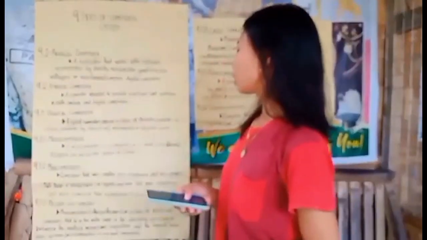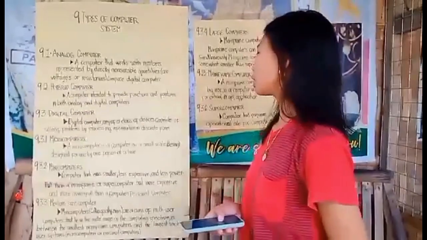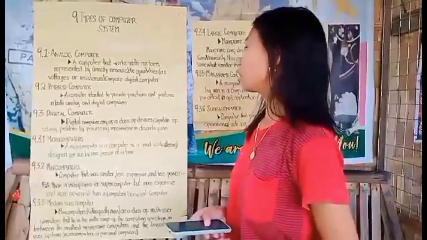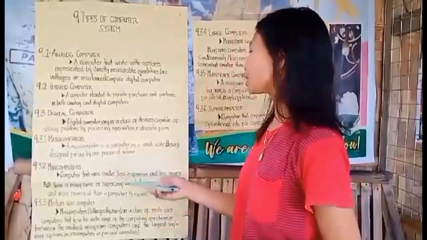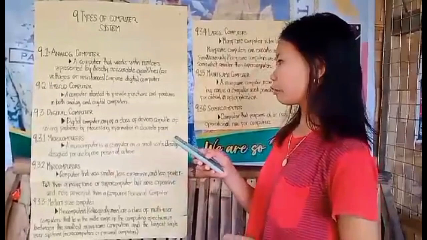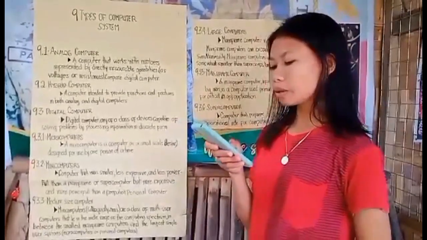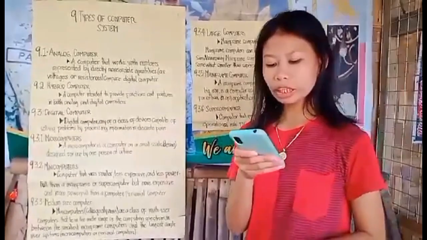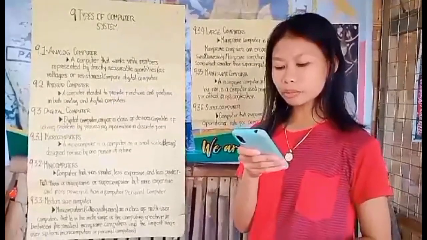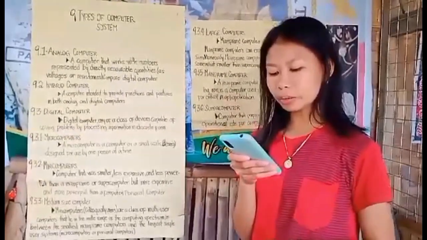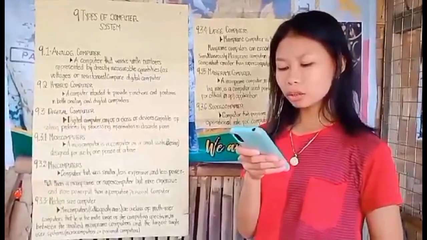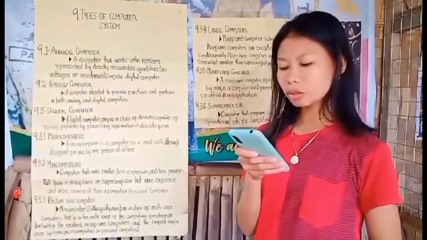Third, digital computer. Digital computer, any of a class of devices capable of solving problems by processing information in discrete form. It operates on data including magnitudes, letters, and symbols that are expressed in binary code, using only the two digits 0 and 1.